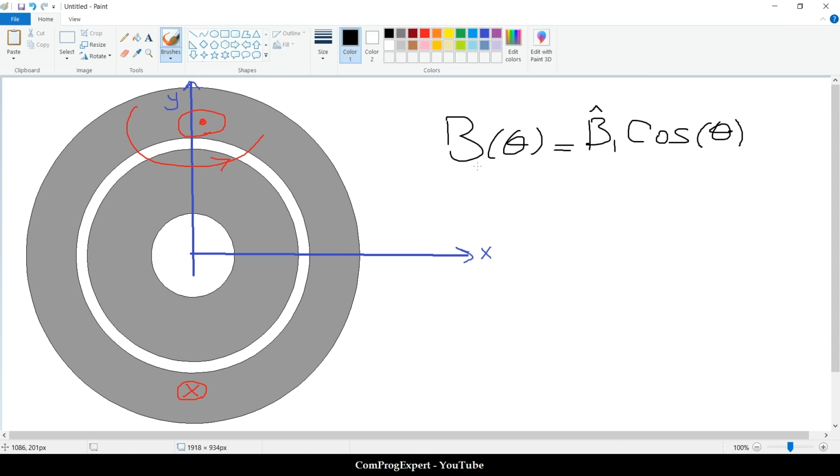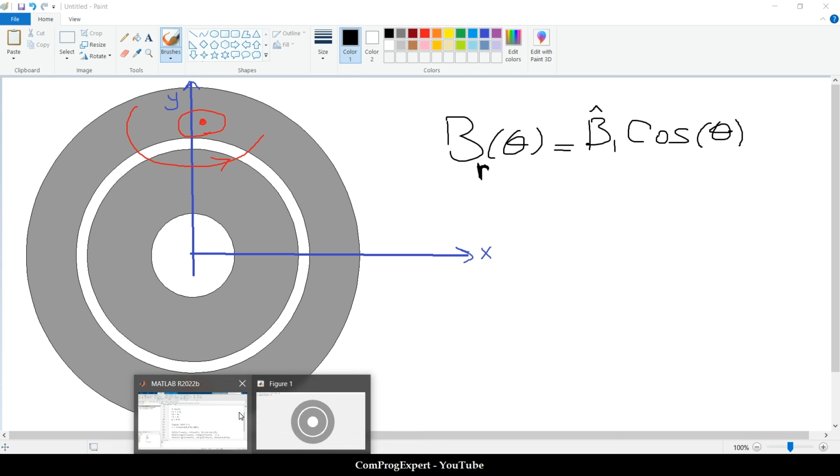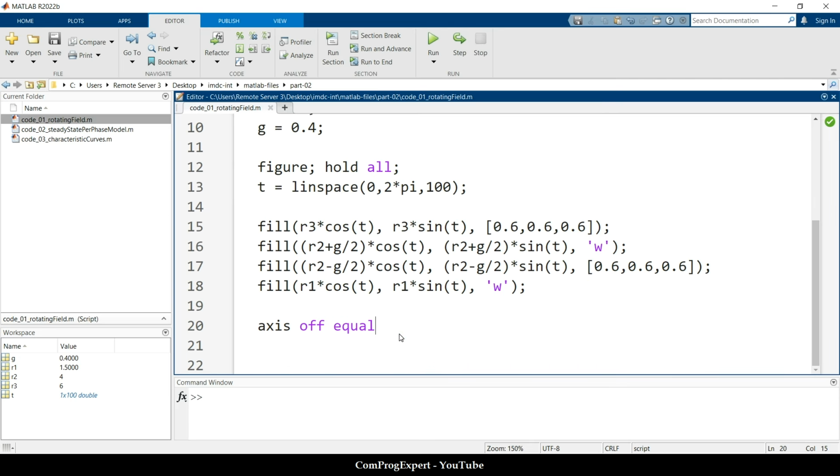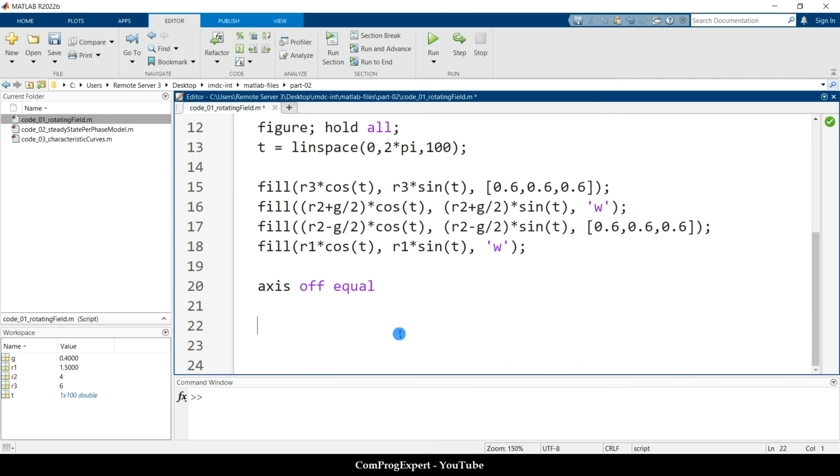Yes, this is the radial component. Suppose we only have the radial component and now neglect the tangential one. I want to visualize this field in the middle of the air gap for the phase A. So here I can use the quiver function. I need to generate points first in the middle of the air gap.